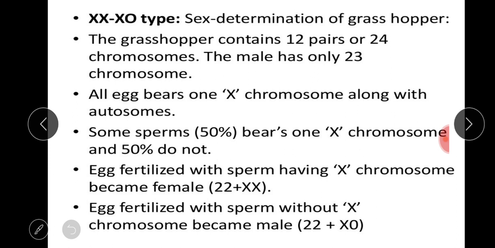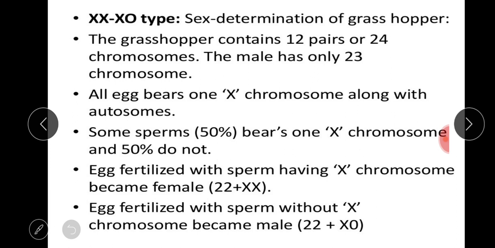Now let us study about the XX and XO type of sex determination. This type is present in a large number of insects like grasshopper, etc. Males have only one X chromosome and produce two types of sperms, that is 50% with X chromosome and 50% without X chromosome.